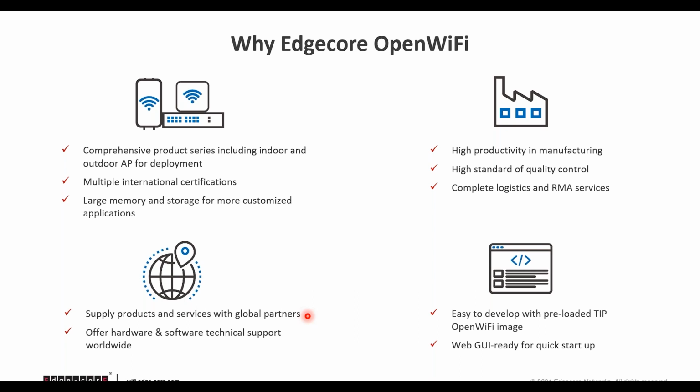We can do the first line technical support or logistics support. And the last one, okay, is that we just need a few steps to let customers develop applications easily. And we also optimize the web GUI setting with commercial grade, okay, to help the customer to quick start up.